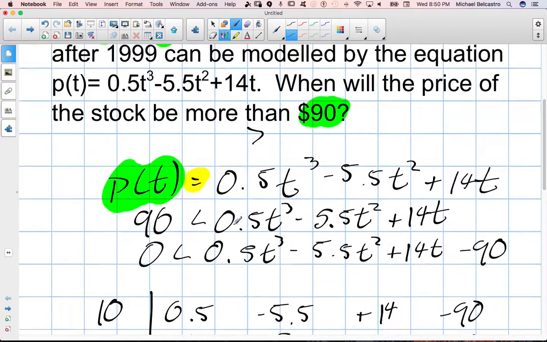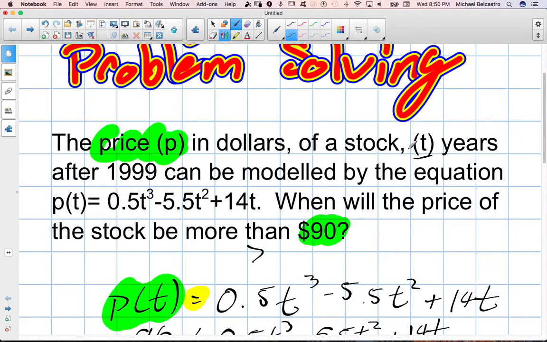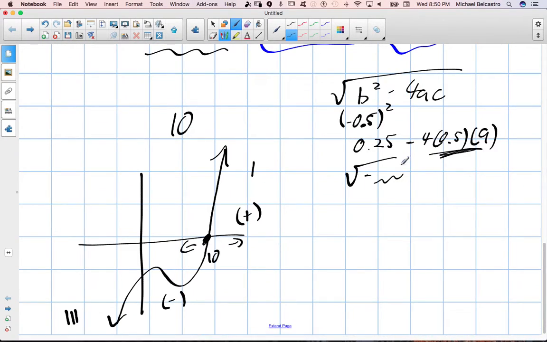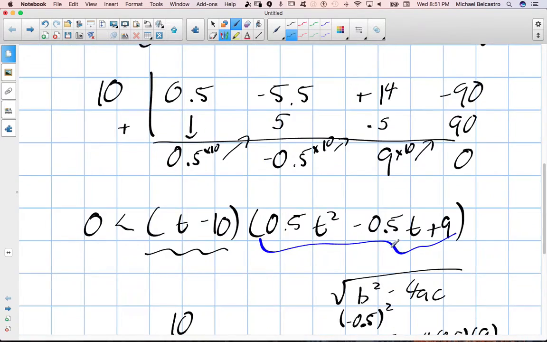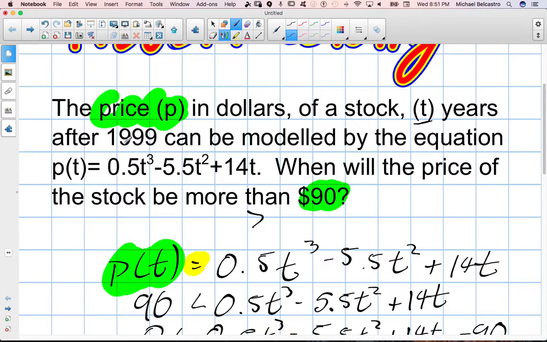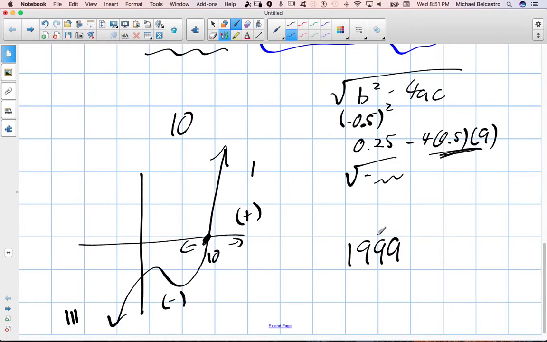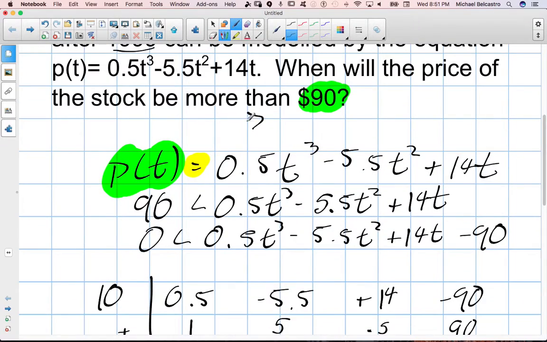So it is t years, and t is the value of 10 in this case. The year we started was 1999, if you remember from the question. So 1999 plus 10 gives us 2009. So in the year 2009, our stock will be exactly 90, but recall that the question said greater than.